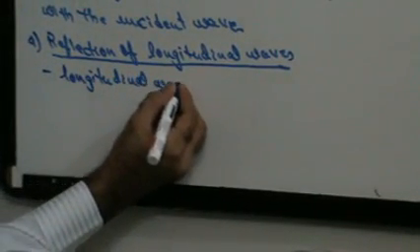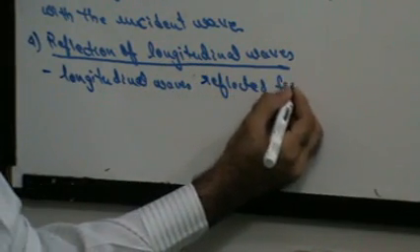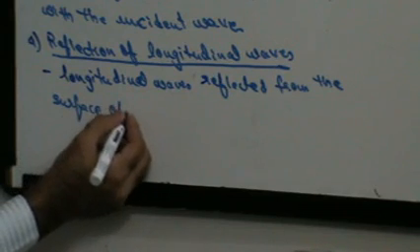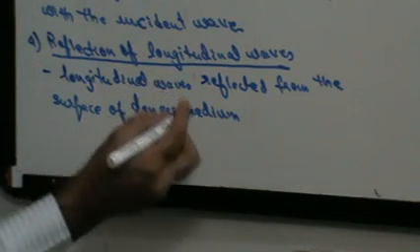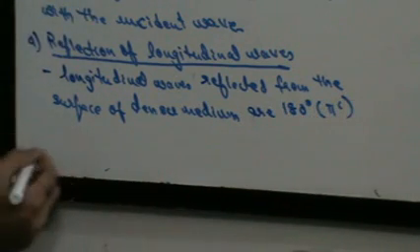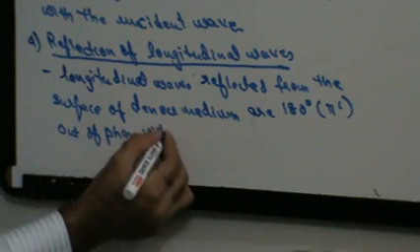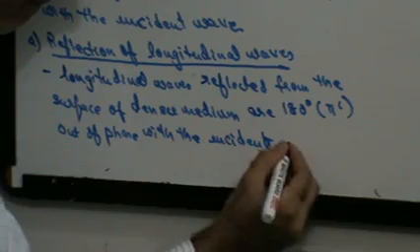Longitudinal waves reflected from the surface of a denser medium are 180 degrees or pi radians out of phase with the incident ray, right.